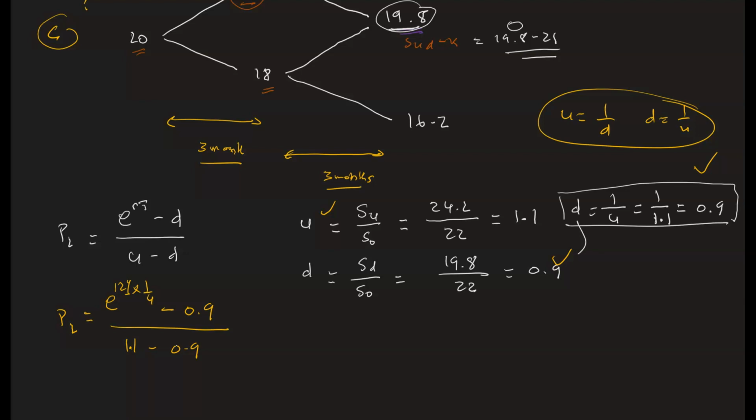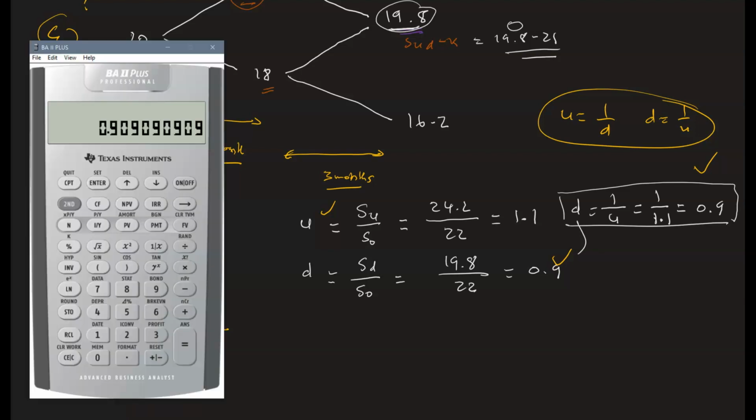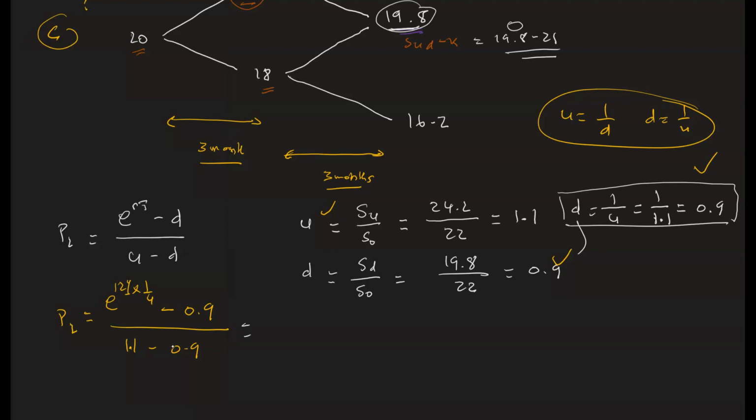So P2 is going to be equal to 0.12 divided by 4, second function exponential, minus d 0.9, equal, we're going to divide that by open parenthesis 1.1 minus 0.9 close parenthesis, equal. That gives us a probability of 0.6522, the same that we had earlier.